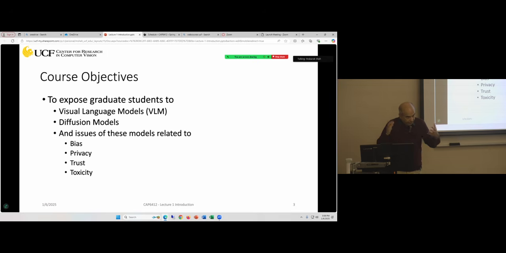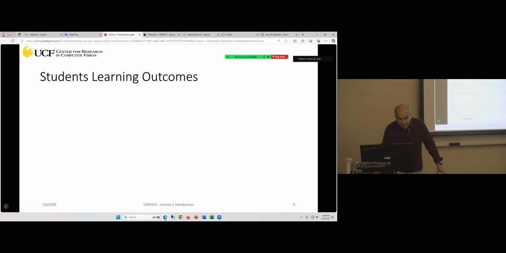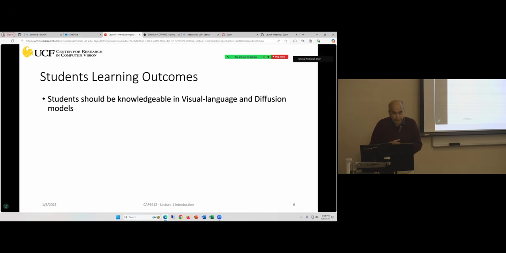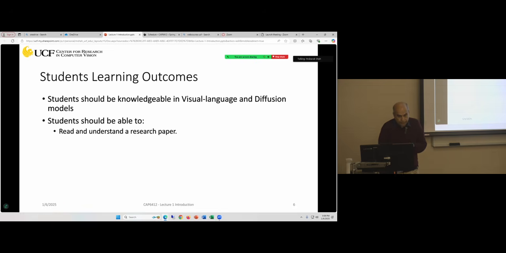That's a big research area now. The learning outcome is that at the end of the course, you should be knowledgeable in visual language models, also called VLMs, and diffusion models. You should also be able to read and understand research papers.